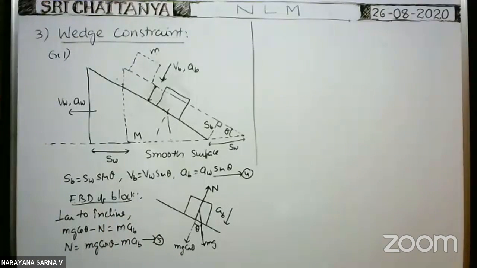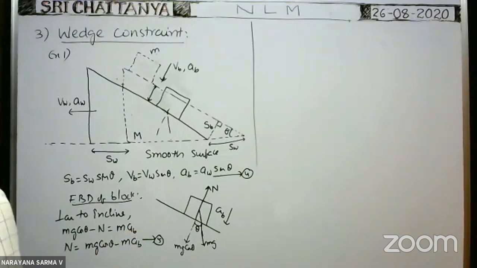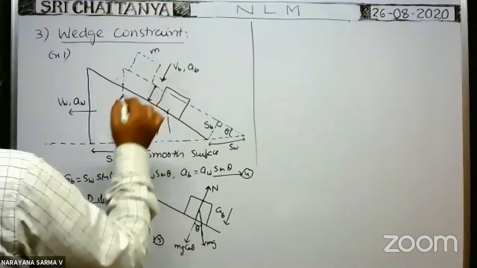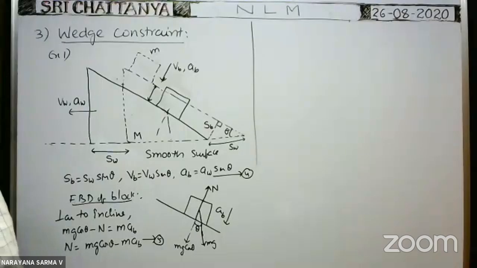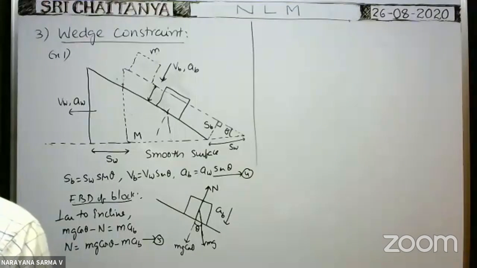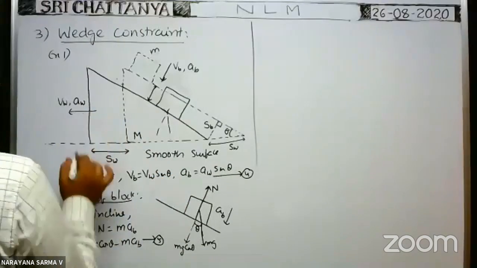It is for the block. Similarly, what about the formula for the wedge? We have to write the free body diagram of the wedge. Now, in order to find the acceleration of the block AB, suppose we want to find the acceleration of the wedge AW first.